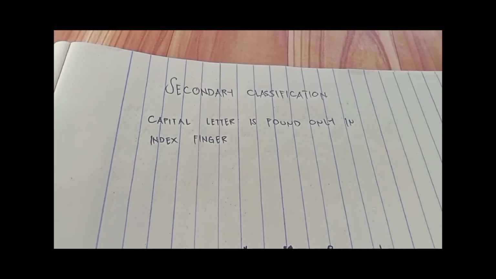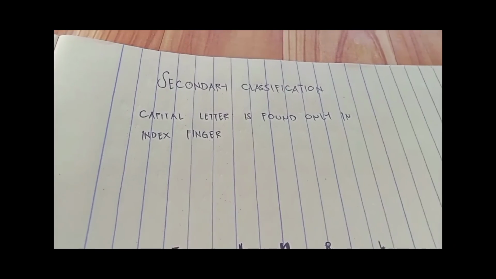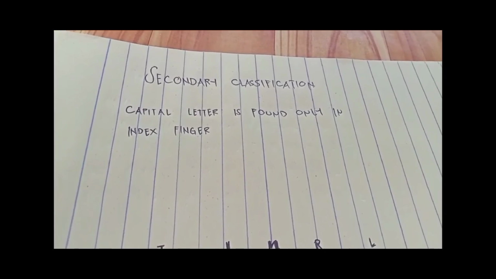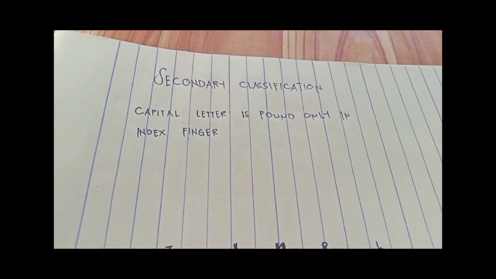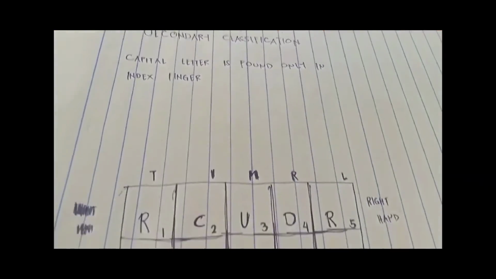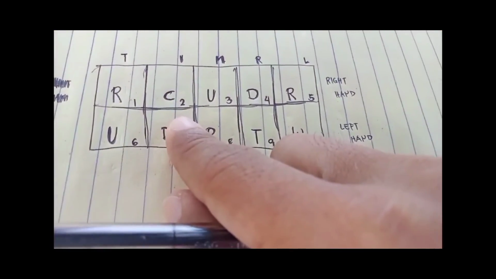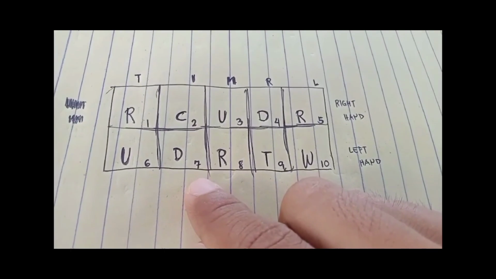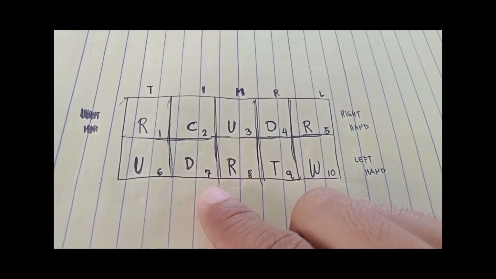In secondary classification, capital letter is found only in index finger. So, when we say index finger, it is the finger number 2 and finger number 7. And the rest of the fingers are for small letters.